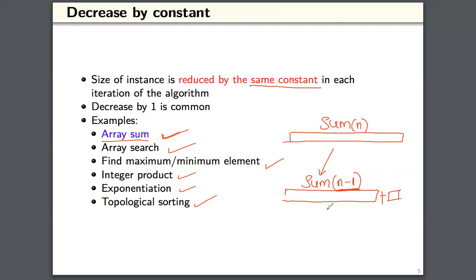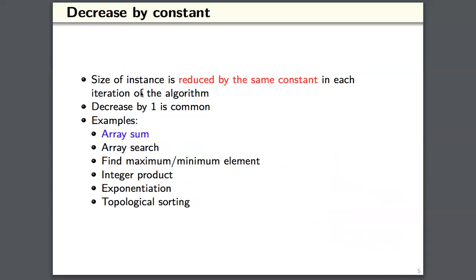And this 1 is constant. So this will reduce to sum of n minus 2, plus this value, right? This is decrease by constant. And similarly, you can apply similar ideas for array search, linear algorithm for integer product, linear algorithm for exponentiation, and so on. Okay, simple idea.